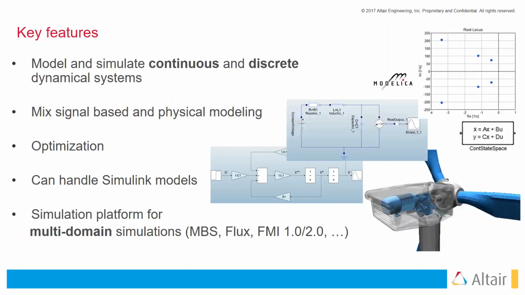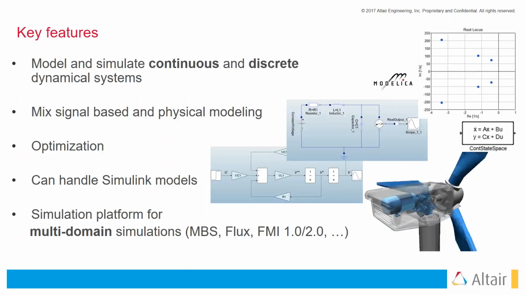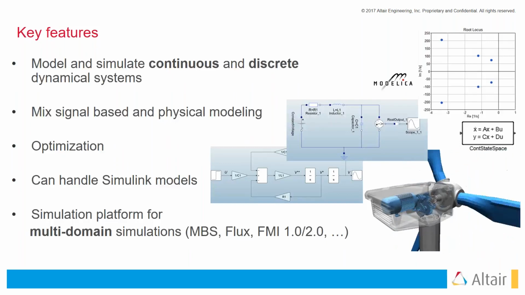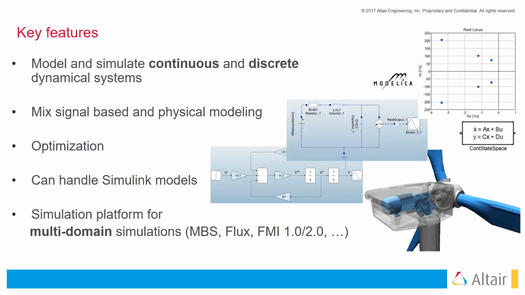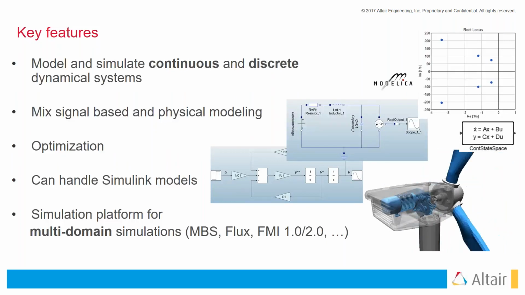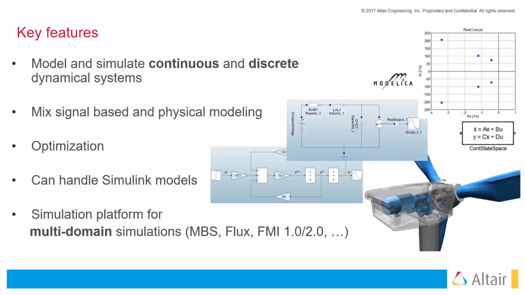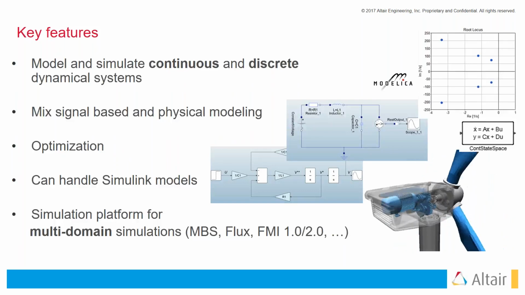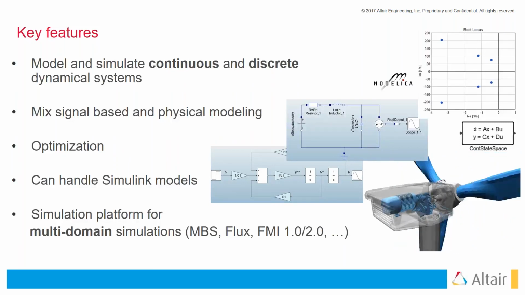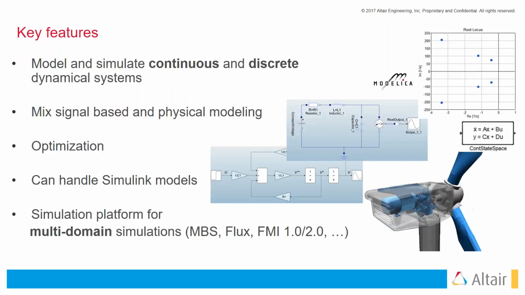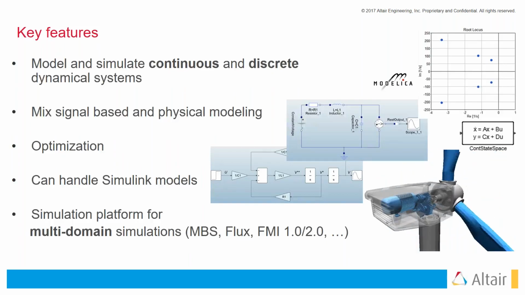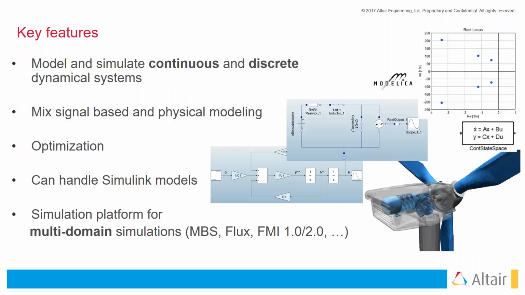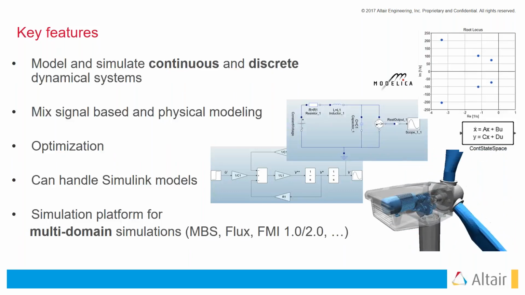You can also take your legacy models from Simulink; we have an option to import them into Activate. The next key feature is the seamless integration of different domains, like MotionSolve with Activate and Flux with Activate. That's the main new Altair offering in the market, where we have a coupling of 3D with 1D. The physics solver can talk to a math solver. What is the importance of that? We'll talk about it in the coming slide.